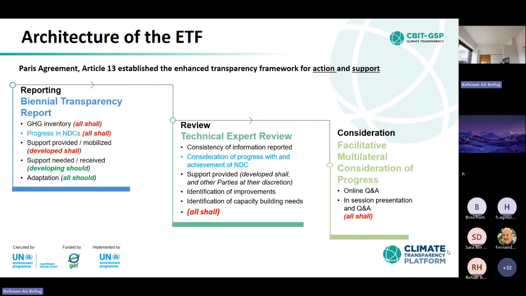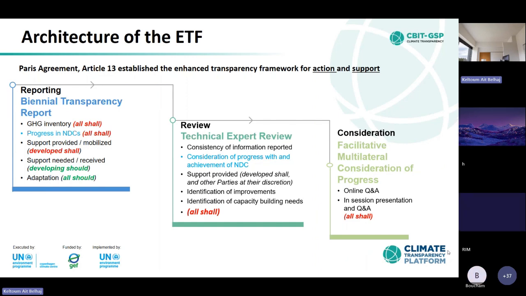And finally, we have in the process the facilitative multilateral consideration of progress, which is like an open session among parties to discuss results, exchange experiences, and also strengthen mutual understanding. So your BTR will be shared on the internet or the platform, and you will receive a lot of questions from all parties.